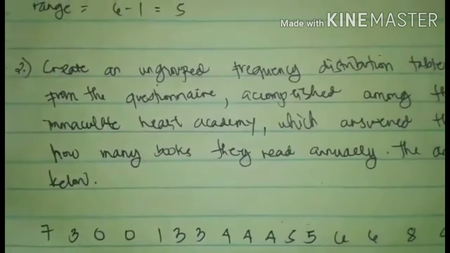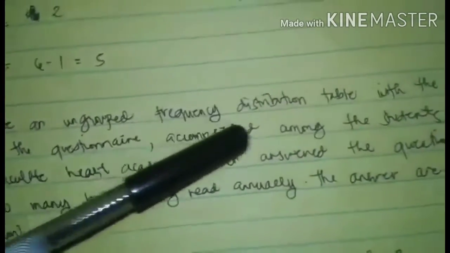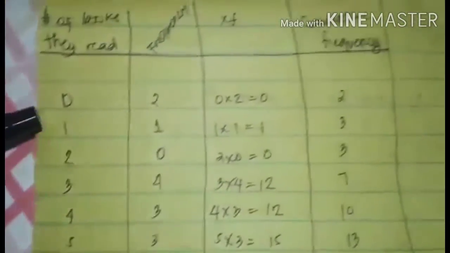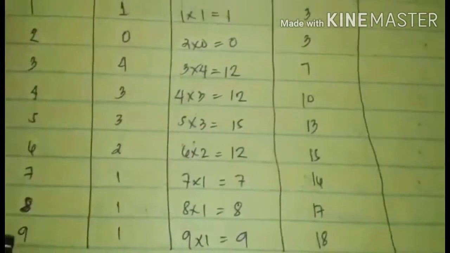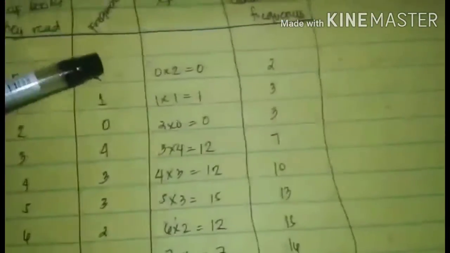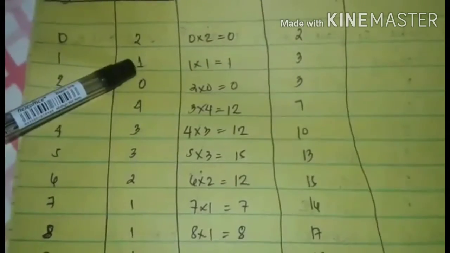For number 2, create an ungrouped frequency distribution table with the data from the questionnaire accomplished among the students of Immaculate Heart Academy, who answered the question of how many books they read annually. The answers are presented here, with the number of books from 0 to 9, and the frequency, the number of times each appeared.